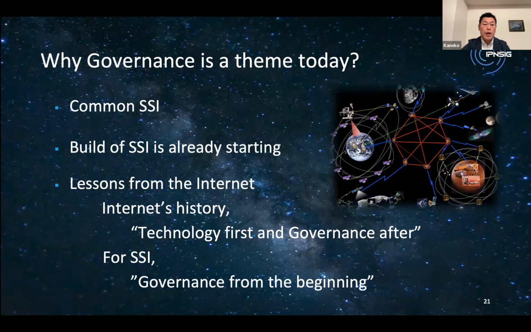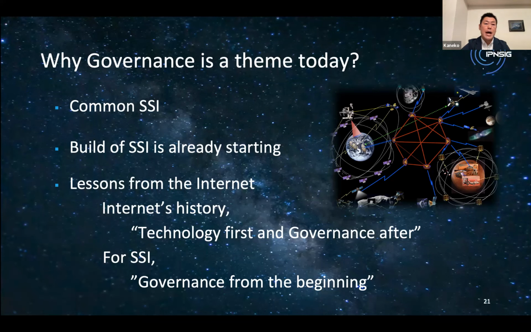And thirdly, this is an important piece. We must take into account the lessons from the internet. History has told us that the internet took the path of technology first and governance after. The emerging technology that was born from the ARPANET project has become so foundational to our lives over the course of time. But the management or governance of the internet system had to be sought after the spread of the technology.